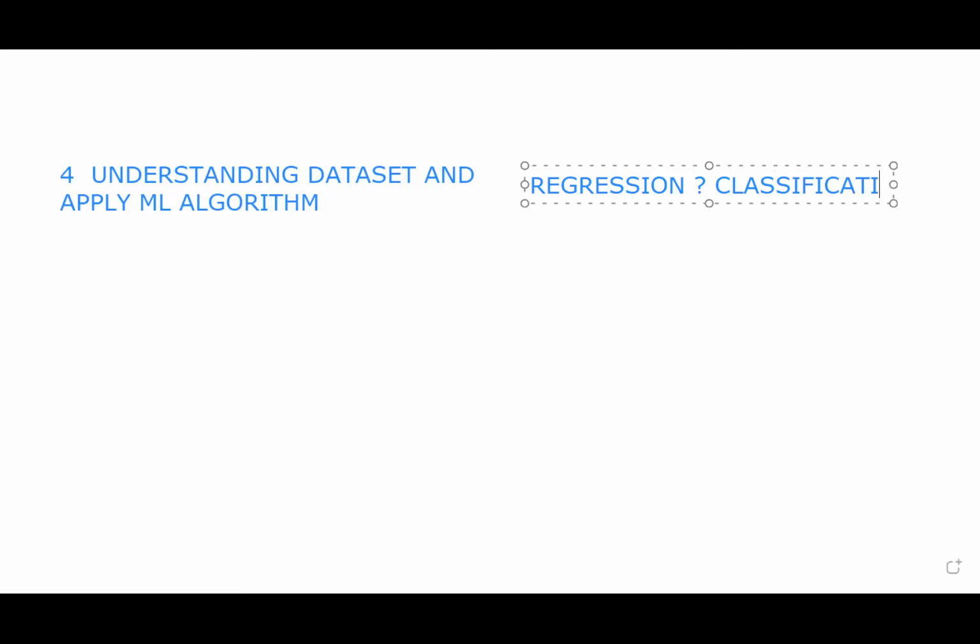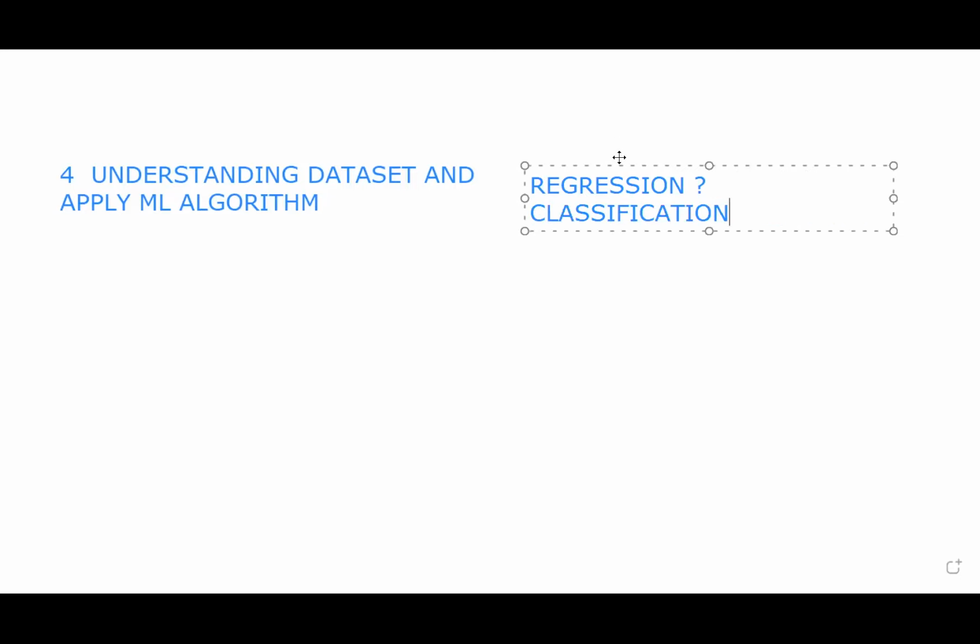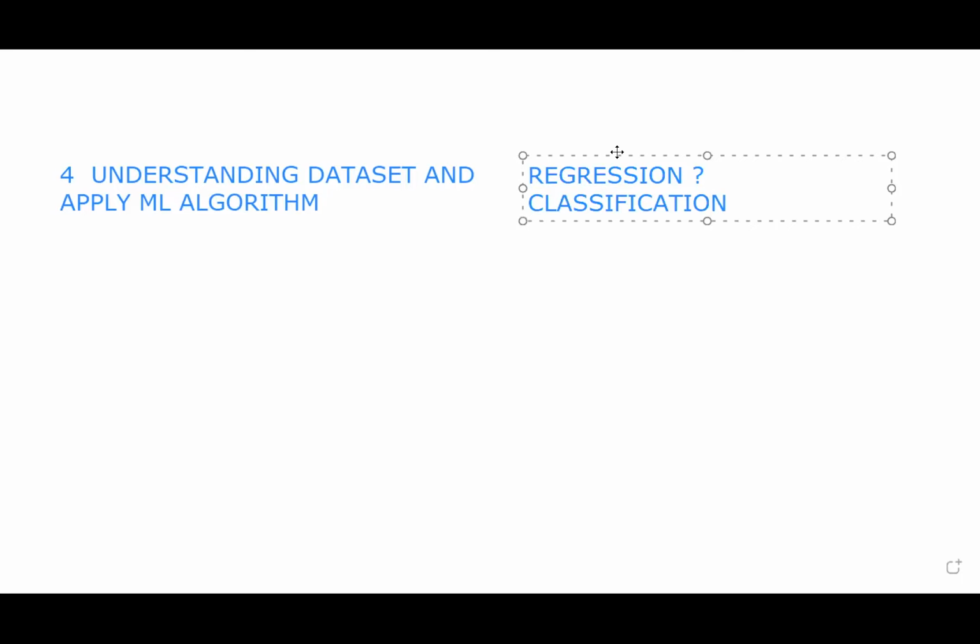You are categorizing data: diabetic, non-diabetic, deceased, non-deceased, short, tall. All these data you are trying to classify. So classification is grouping, regression is like predicting in the form of a graph. You need to understand the data set and think whether what you're doing is a regression problem or a classification problem.